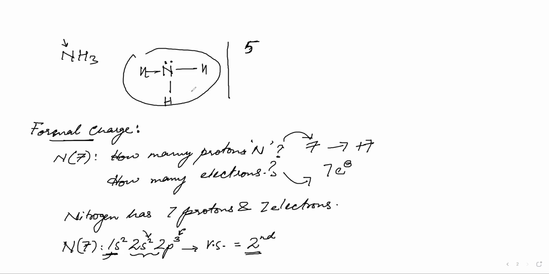Okay, now in NH3, what you have to do is minus 5 minus. How many covalent bonds can you see here? 3. Then you have to subtract how many lone pair electrons can you see? 2. So this will be equal to 0. Okay, very easy. Now wait a second.